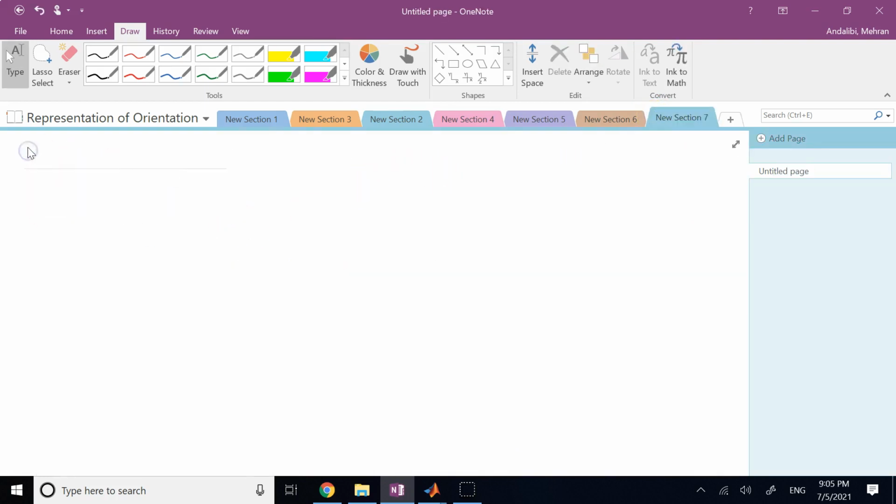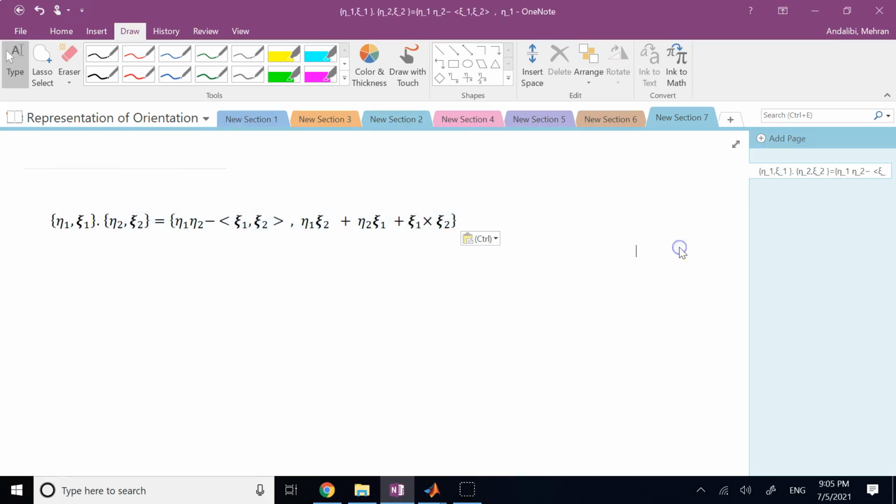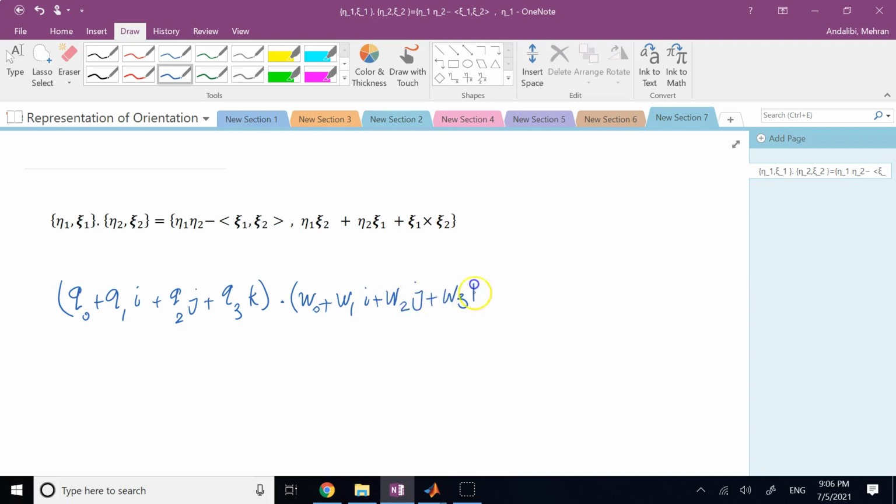So here, this is what I have. Now, where does it come from? So what I have here is Q naught plus Q1 I plus Q2 J plus Q3 K, the whole thing times, and for the second one, as I said, let me use W. So I will use W naught plus W1 times I plus W2 times J plus W3 times K. So you clearly see why people show eta and zeta instead of all Q's or all W's, because it's shorter, right?